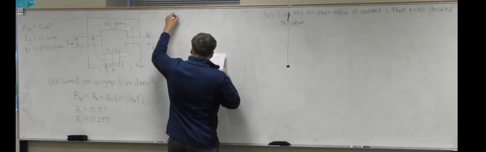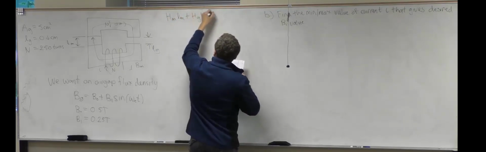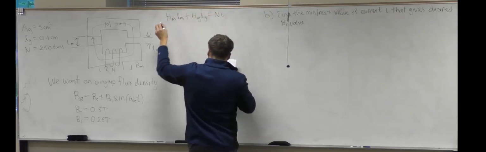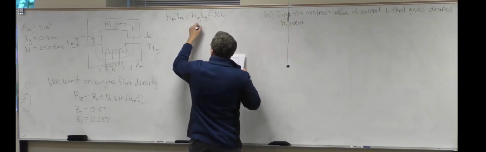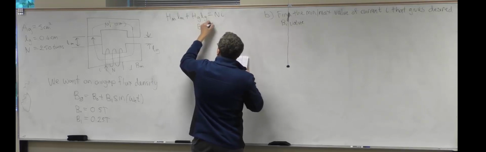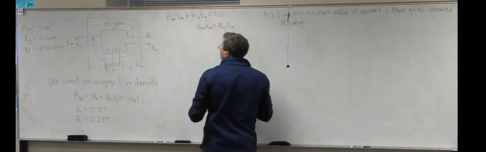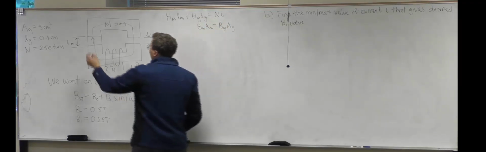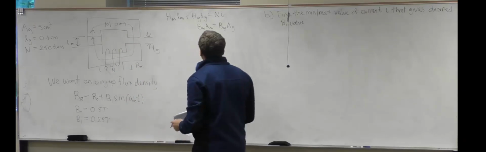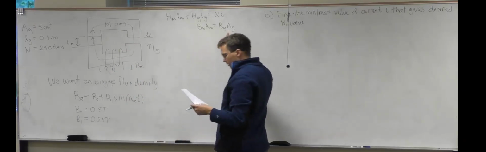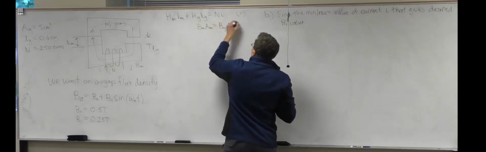We have HM LM plus HG LG is equal to NI. Okay, and we also have BM AM is equal to BG AG. So I'm saying that the flux flows all the way around and there isn't any leakage with this assumption. So I'll call that 1 and this is 2.